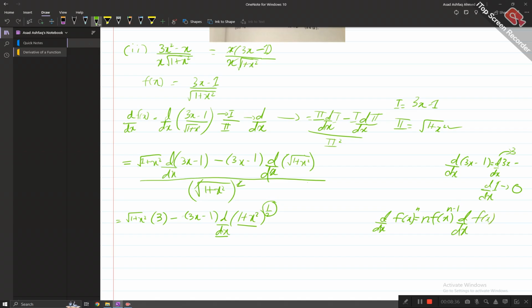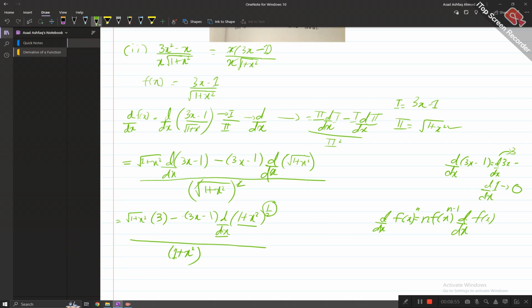So we have to take the derivative also. After that, here it will be whole divided by 1 plus x square, because the square root will be cancelled by the square.